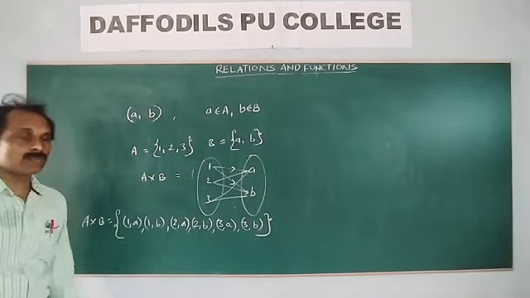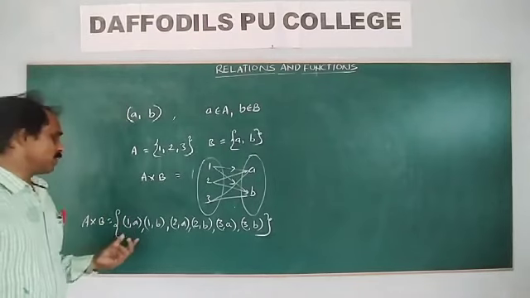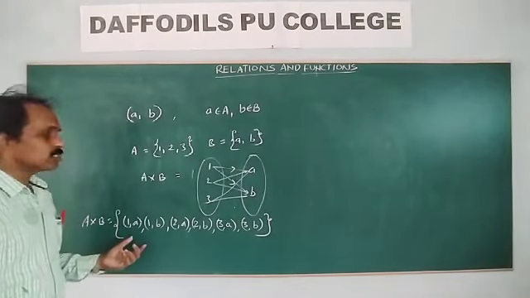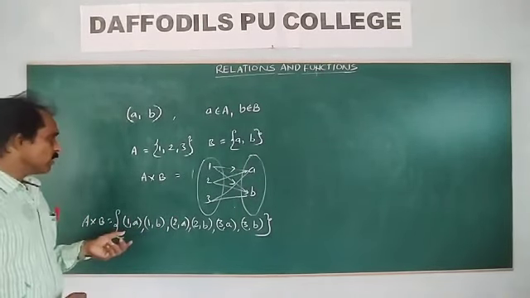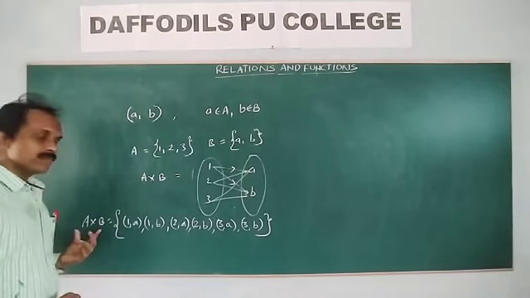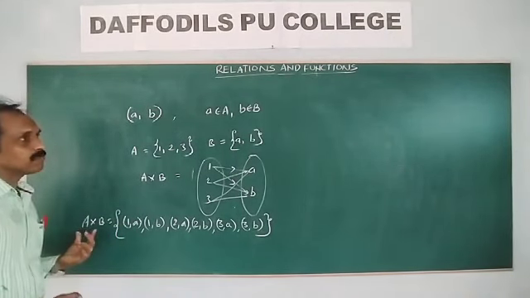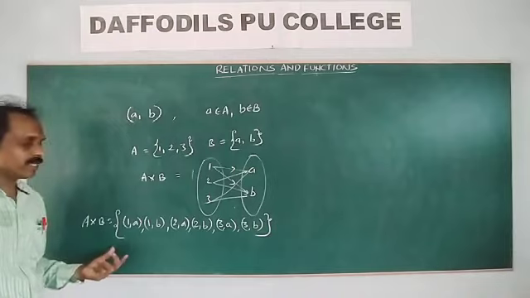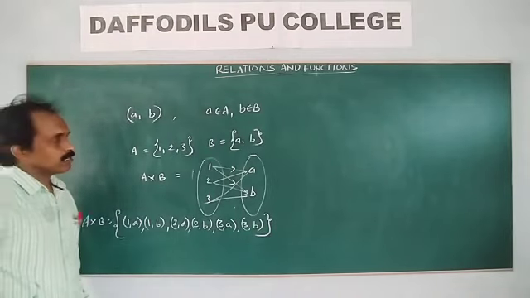This is A Cartesian B. So the ordered pairs listed in a certain order are called ordered pairs. These ordered pairs are obtained from the Cartesian product of two sets A into B.